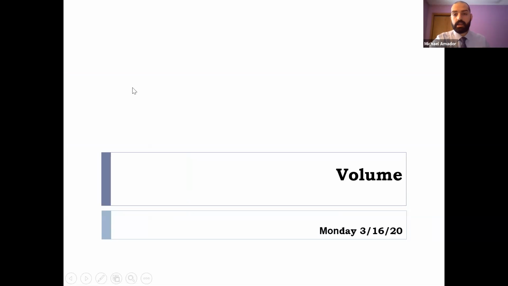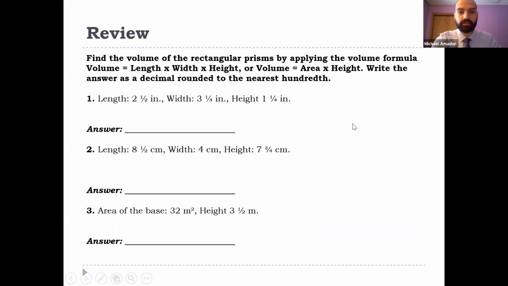Okay, so in your last session, we learned how to calculate the volume of rectangular prisms that have sides which are fractions. What we're going to do is start off with this review.